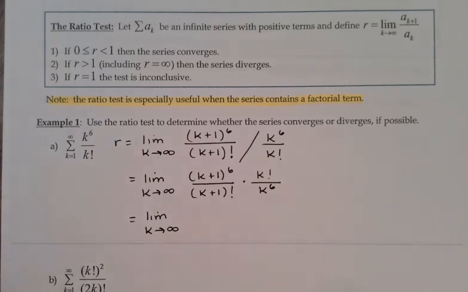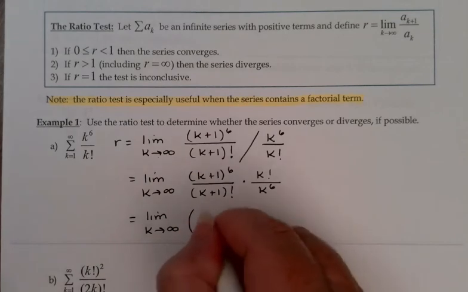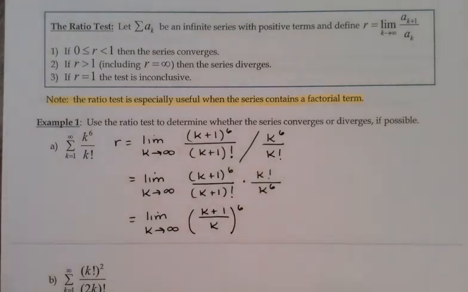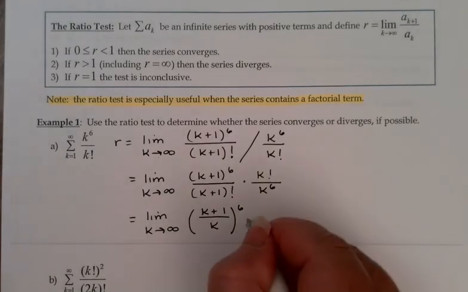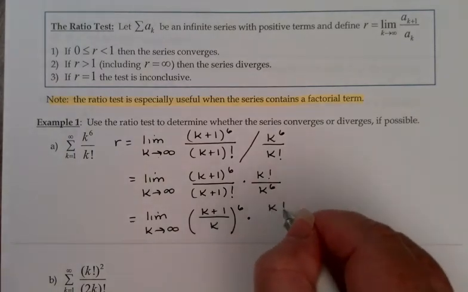How I write this next step is going to be key in my being able to evaluate this limit. These two things that are both to the 6th power, I'm going to combine them in one fraction. K plus 1 over k, all to the 6th power. Times, the numerator has a k factorial.